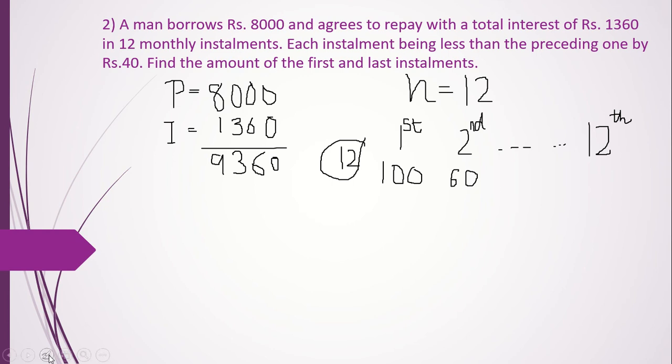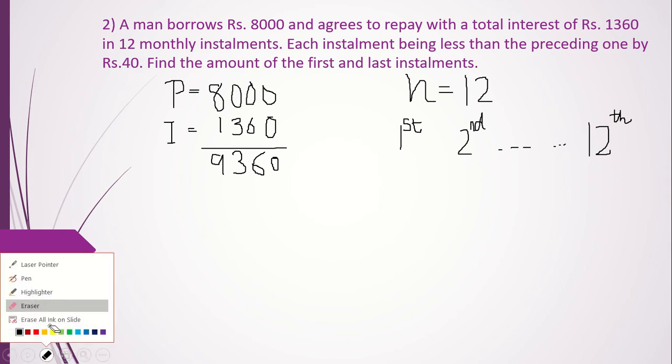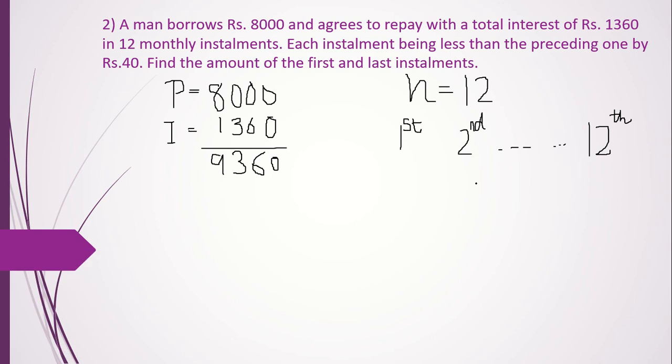The only thing given is that the difference between two installments will be 40. So we know that the difference d is going to be minus 40, because it is going on decreasing, right?